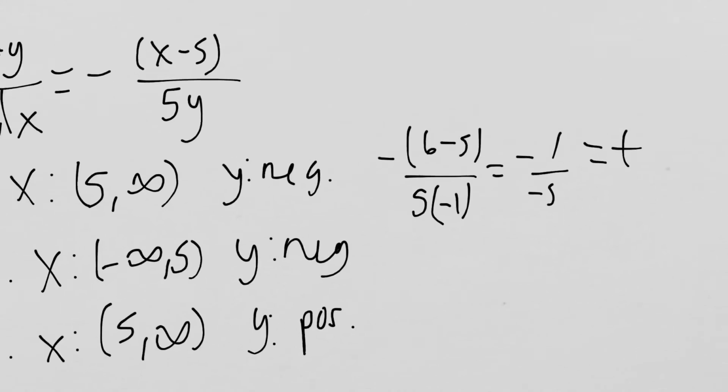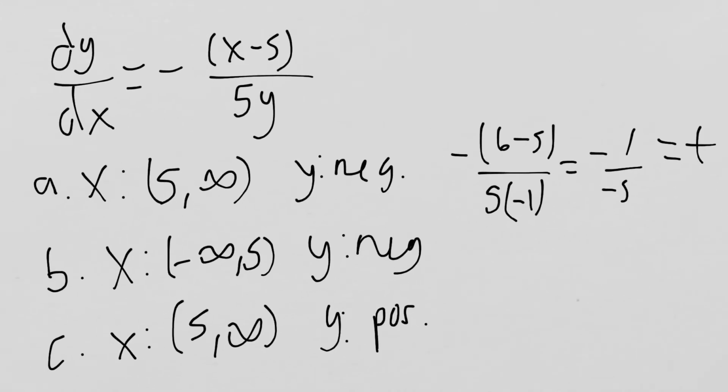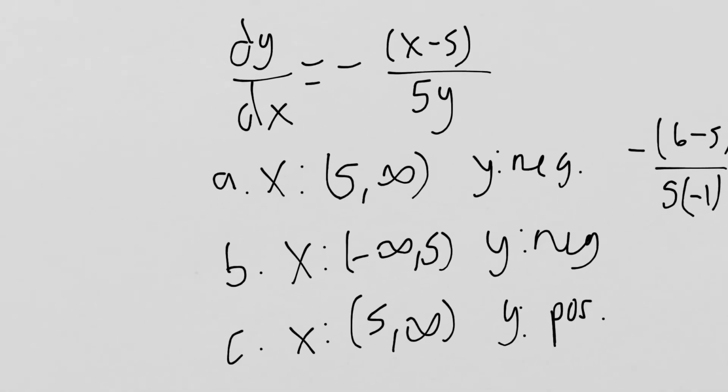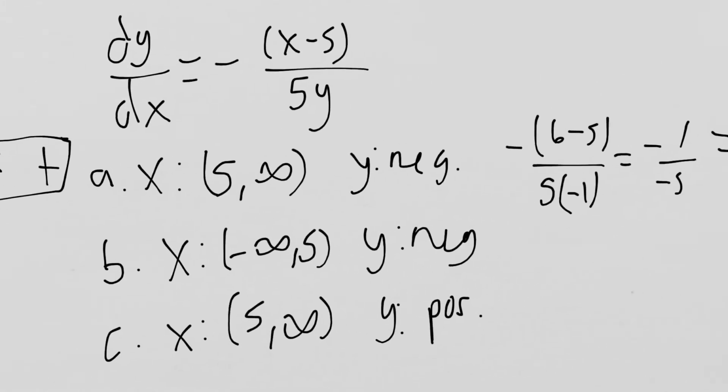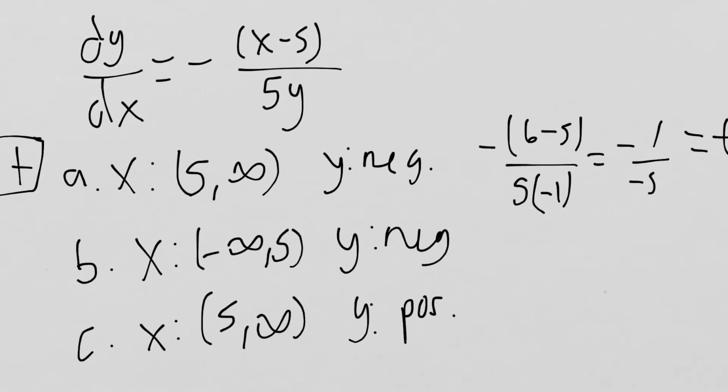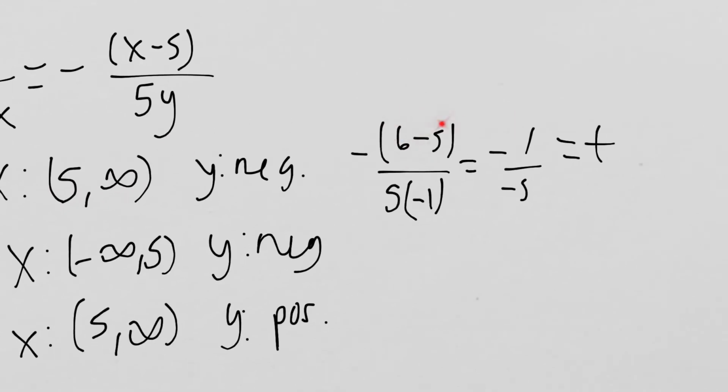So we can say that under these requirements, part A, that would produce a positive slope. Slope is positive. Because it's not relevant that we pick 6, we just had to pick a number that falls between 5 and infinity. So any number between 5 and infinity is going to produce this being positive, multiplied by a negative, and then divided by another negative, which ultimately is going to be positive.